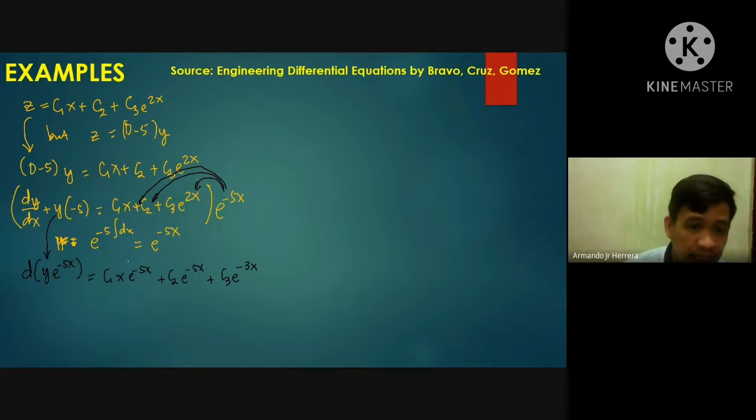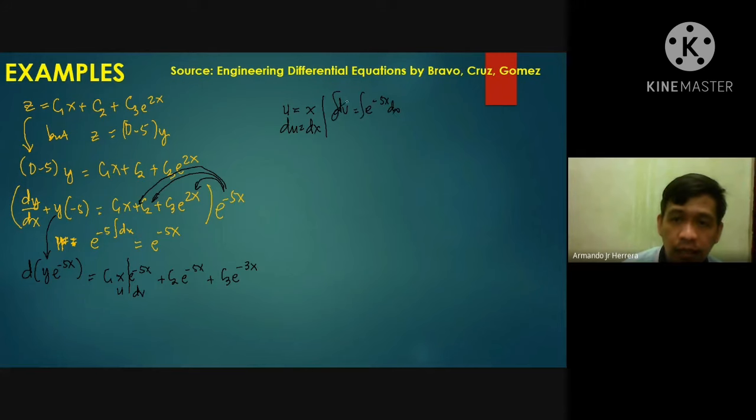So pwede nating i-integrate ito again by using integration by parts. Let u be equal to x, whose derivative du is dx. dv is equal to e to the minus 5x dx. Then v is negative 1/5 e to the minus 5x. So integral and derivative cancels out kasi integrate natin ito lahat.